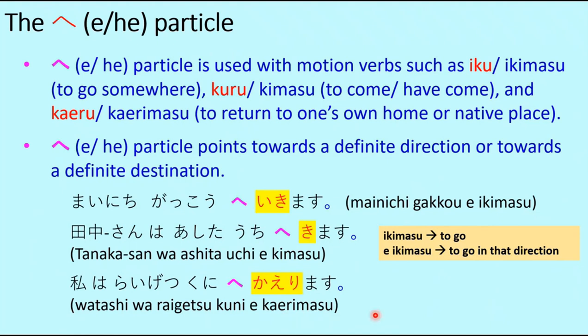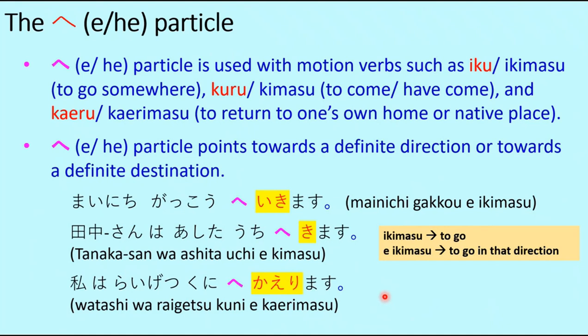There is a fourth one as well, which is modorimasu, which means someone has gone from a particular place somewhere, and then he returns back to that place. So it is not his native place, but suppose the person has gone from London to San Francisco, and from San Francisco he returns back to London.